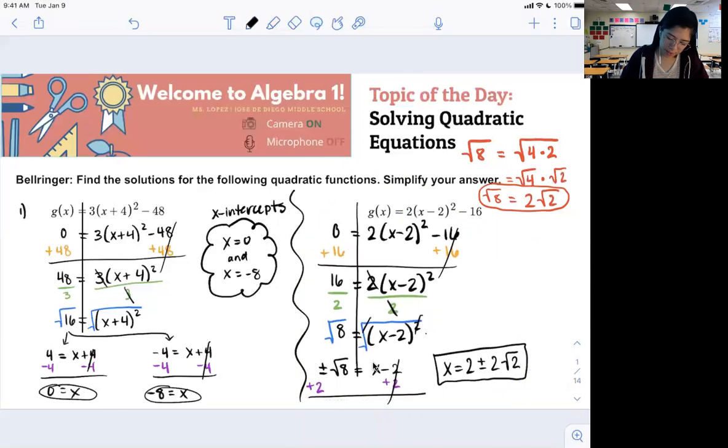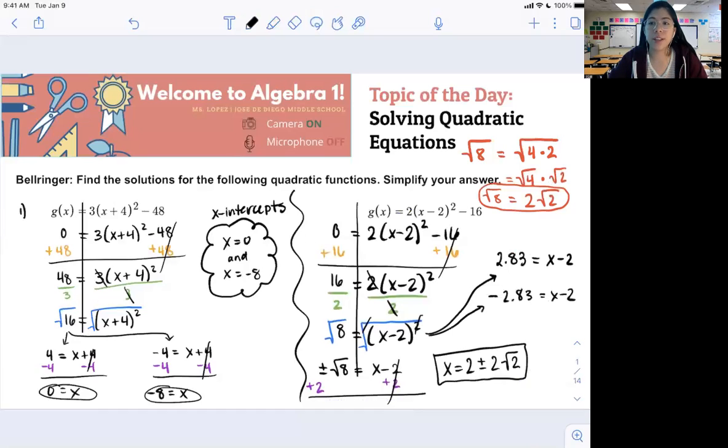Okay, so at this step, what you would do is, okay, the square root of 8 is about 2.82, but you get positive 2.82, actually 2.83, I have to round up, equals x minus 2, and then negative 2.83 equals x minus 2. So you're just going to treat it basically the same way as this problem.